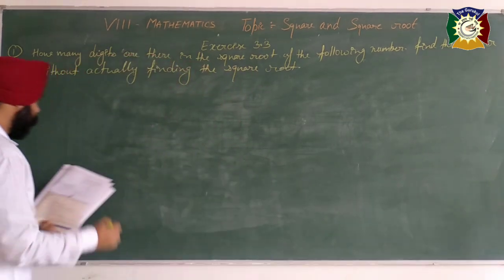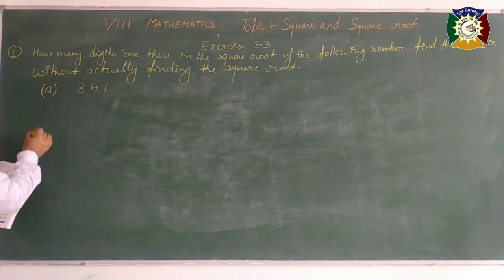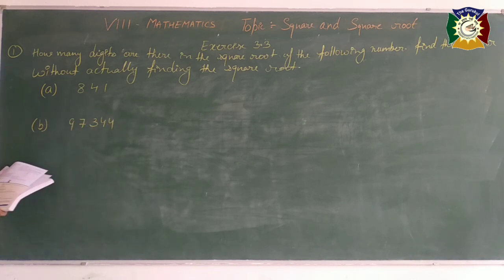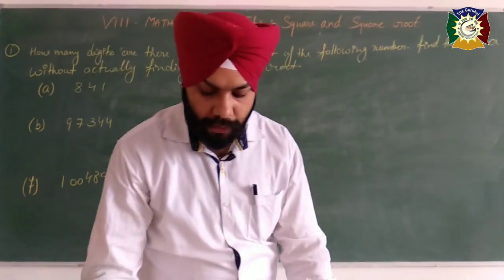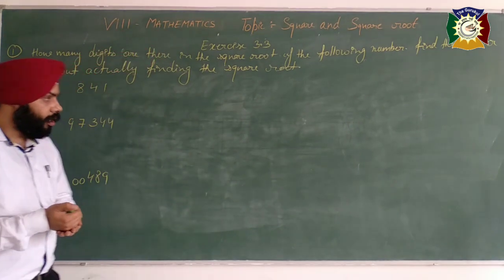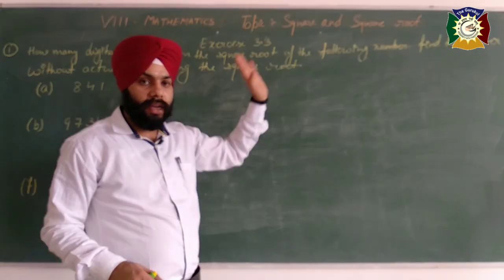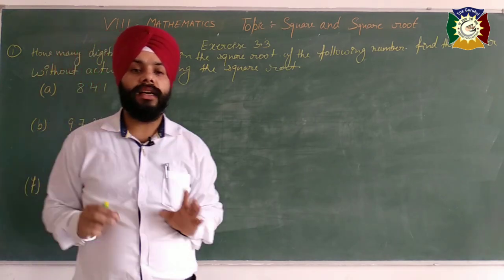Questions are here. A, that is 841, and its B part 97344, and I took one more part, F part 100489. So in this question, we have to find the number of digits in the square root of the following numbers, and also find the answer without actually finding the square root.